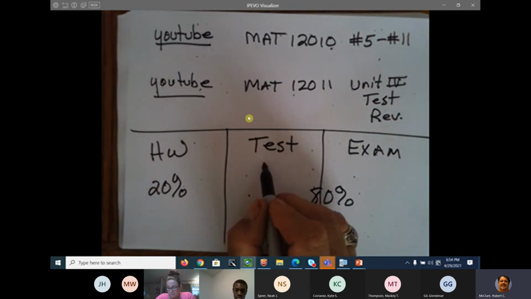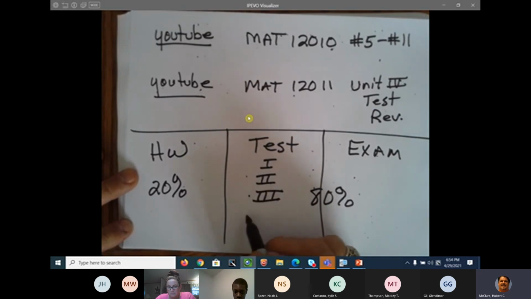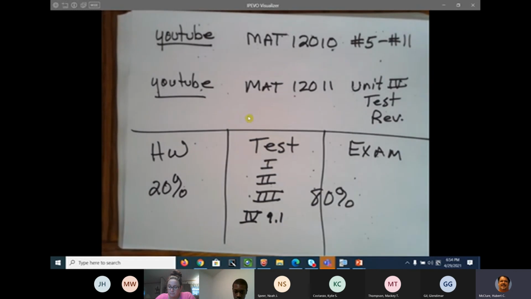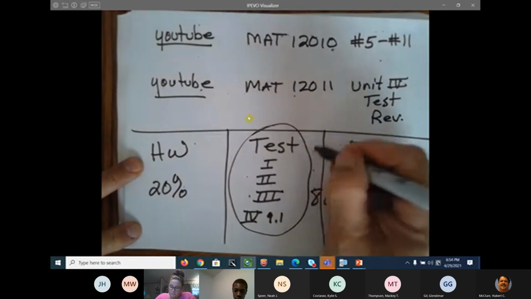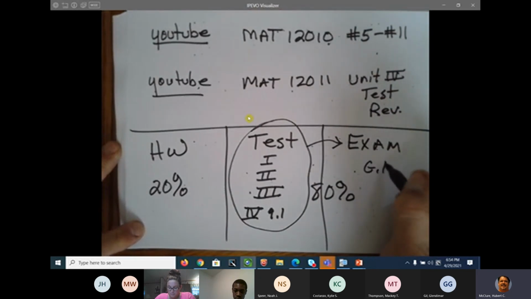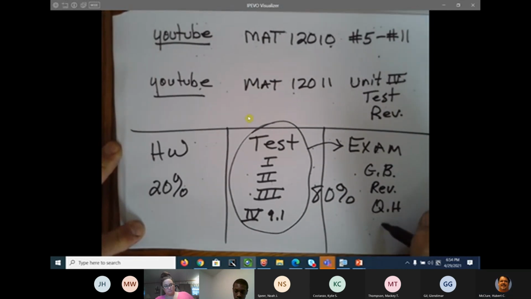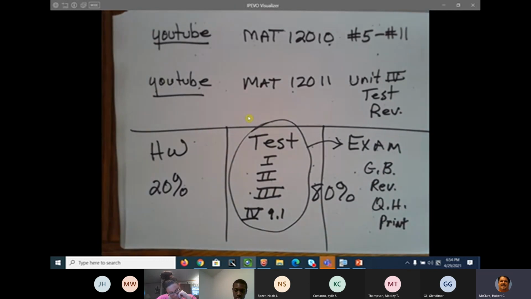So the unit tests are Unit 1, Unit 2, Unit 3, and the test that I put up today was Unit 4, and it only covers 9.1. We just did it. The exam will cover all of these tests, and you can go to gradebook, review, whichever test you want to review, go up to question help, and you can print out whichever test you want to print out with the answers.